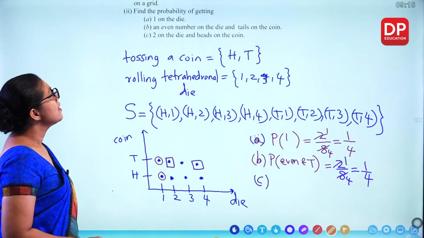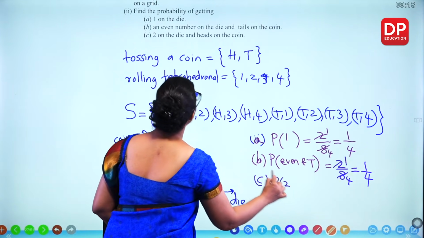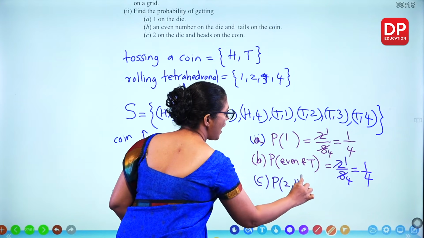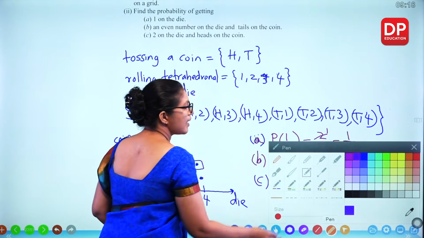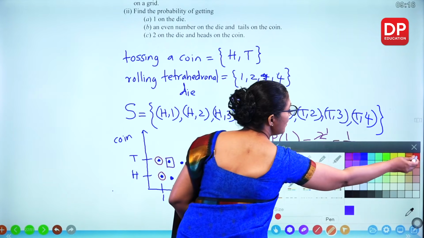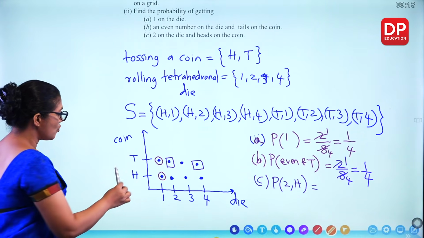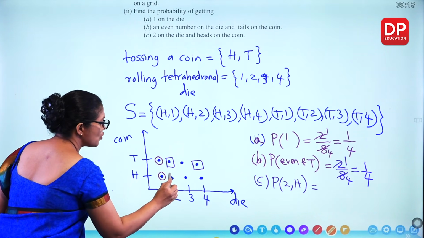Part C. Probability of getting 2 on the die and heads on the coin. 2 and H. We'll take red one. 2 and H. So you have to take H as well as 2.